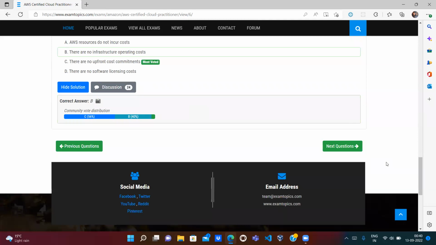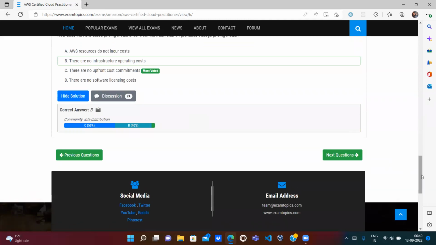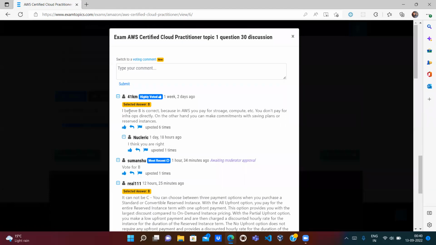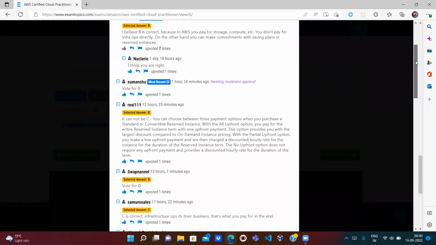Okay, so let's look at an example for this question. Let's see why people say there are no upfront cost commitments. I believe B. This person says B because on AWS you pay for storage and compute, you don't pay for infrastructure. That is definitely correct, and there are so many upvotes.